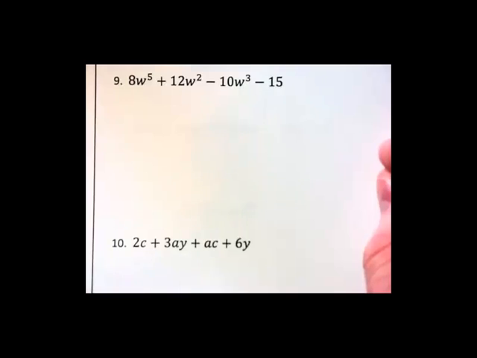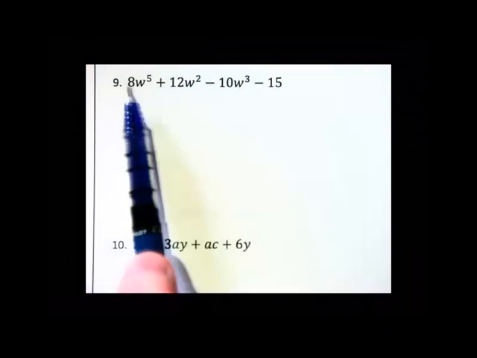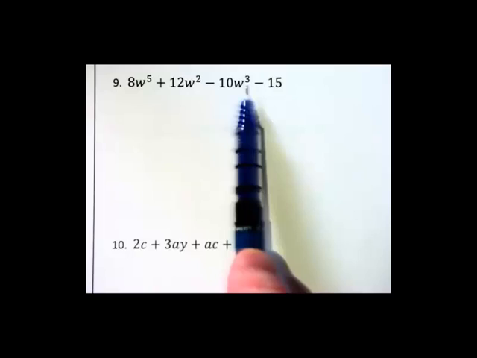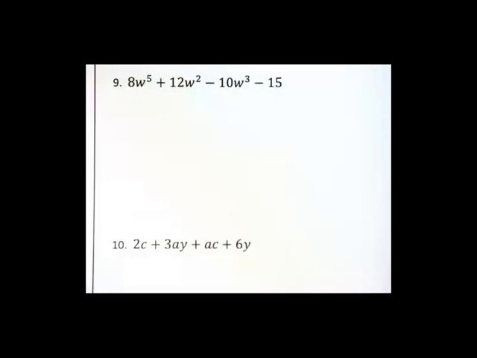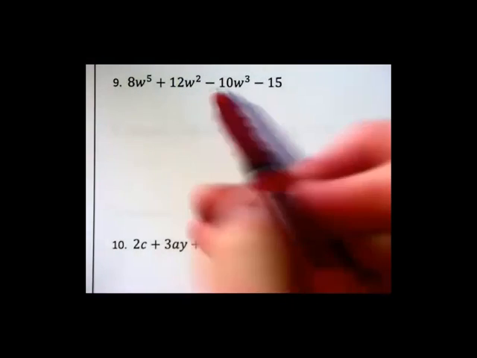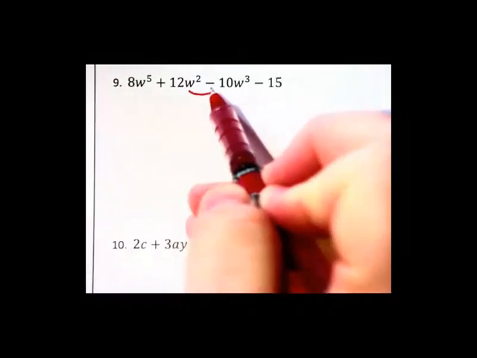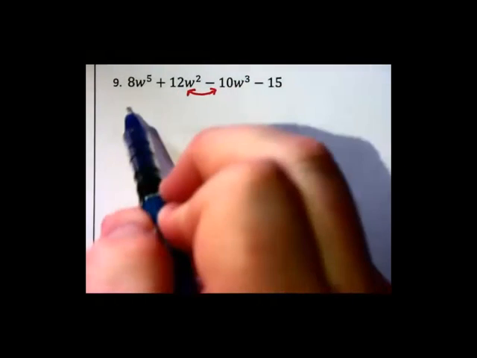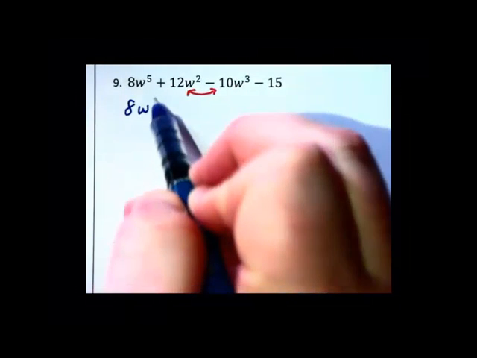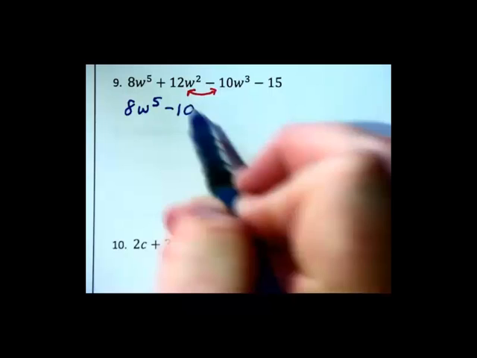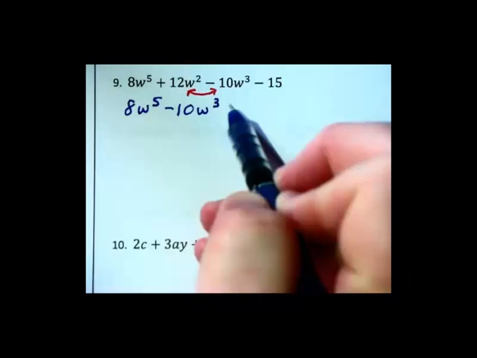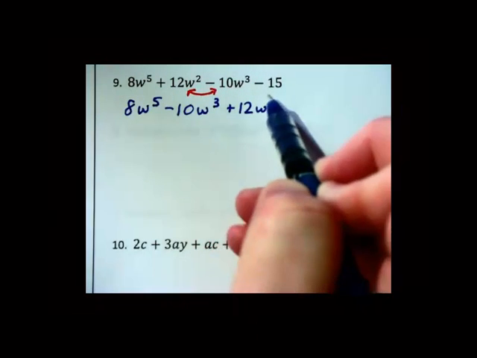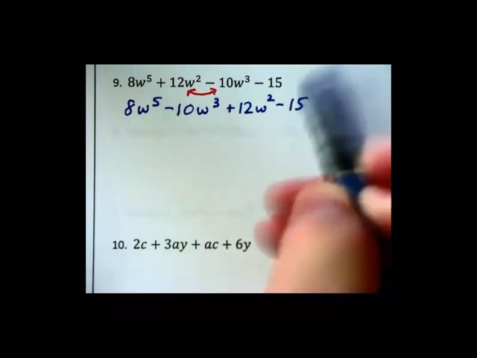Looking at problem number 9, we see that it goes from w to the 5th down to w to the squared, and then w to the 3rd is after that. It's not following the descending order of exponents. And I'm going to choose to rearrange the second and third terms here, rewriting this as 8w to the 5th minus 10w to the 3rd plus 12w squared minus 15.